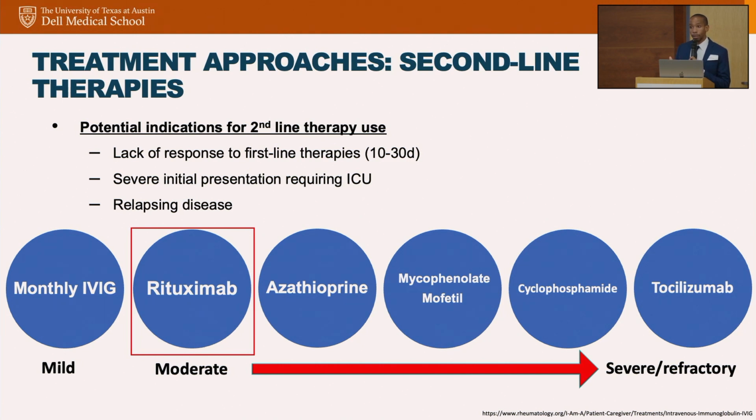There's a lot of data to support its safety and efficacy at improving outcomes and reducing relapse. And so generally, I use rituximab as my second-line therapy of choice. In kids that relapse on rituximab or are still not improving, I might add azathioprine and CellCept in addition to rituximab. And then in really severe cases, I'll do Cytoxan or tocilizumab.